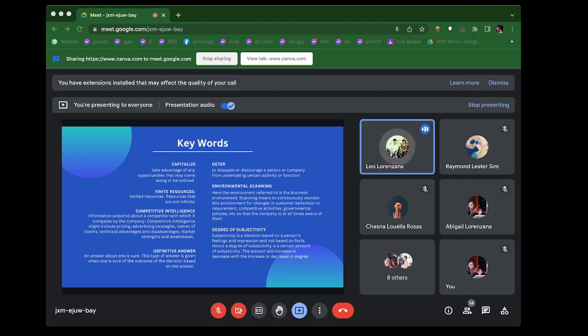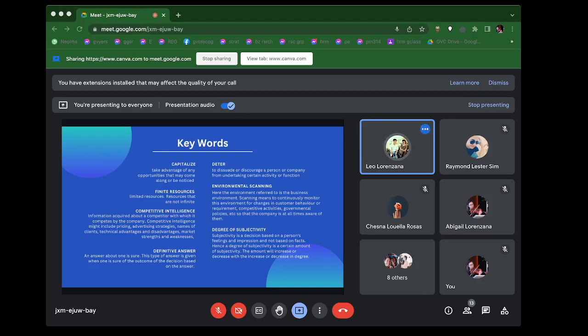Next is environmental scanning. Here, the environment referred to is the business environment. Scanning means to continually monitor the environment for changes in customer behavior or requirements, competitive activities, governmental policies, etc., so that the company is at all times aware of them.